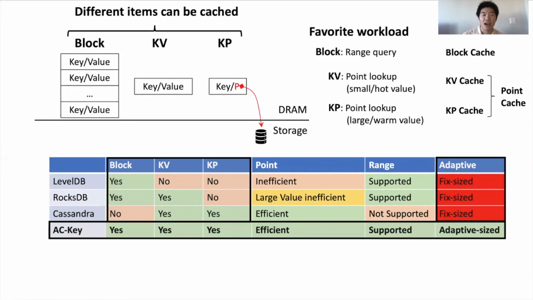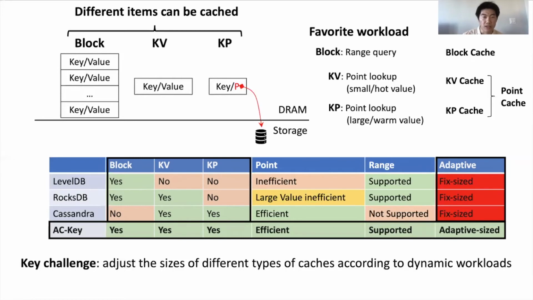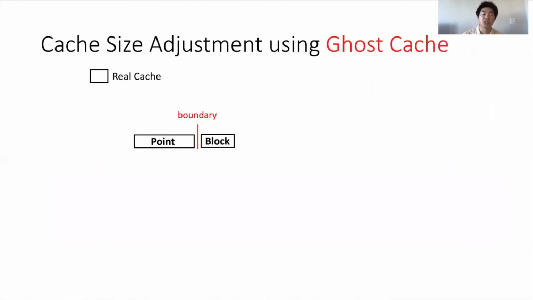Given the high-level idea, the next challenge is how do we link the size and the workload? For example, how do we adjust the size of each cache component according to dynamic workloads? We answer this challenge with ghost cache. In this figure, we show the cache divided into the point cache and the block cache.